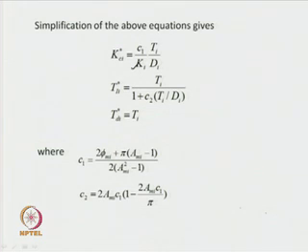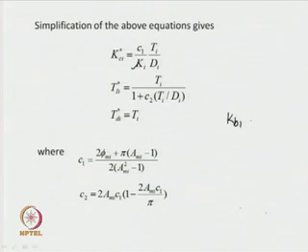Now, we have seen that our TITO system is subjected to a proportional controller KB1 for the first loop and another proportional controller KB2 for the second loop. So, these are the 2 proportional controllers employed in controlling the TITO system.